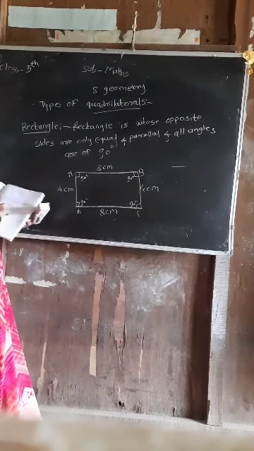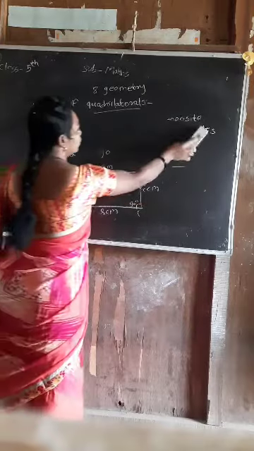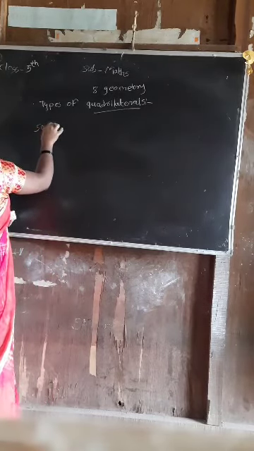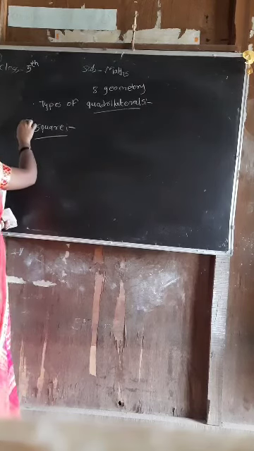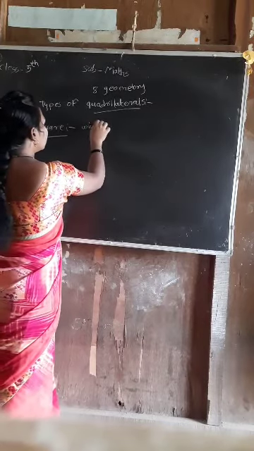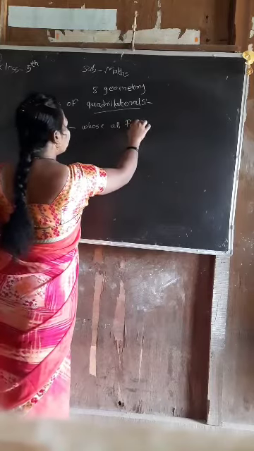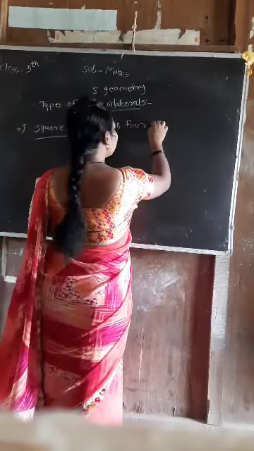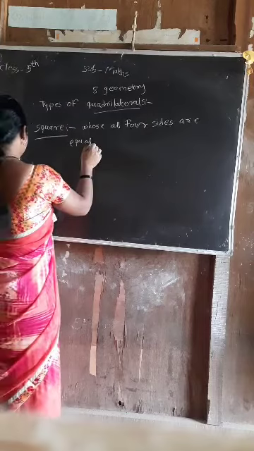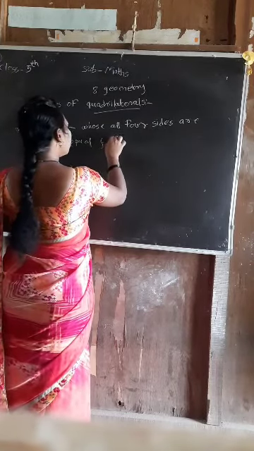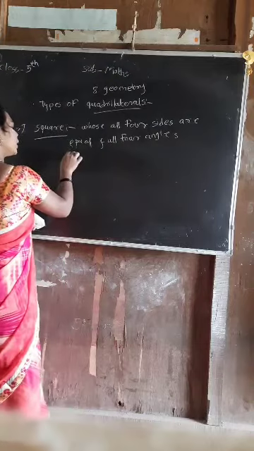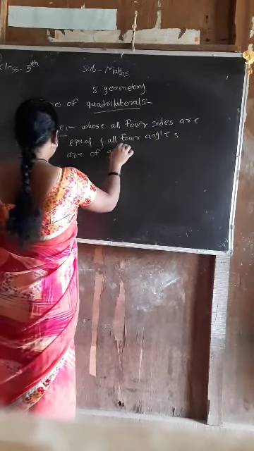Our second type is square. Square is a type of quadrilateral whose all four sides are equal and all four angles are of 90 degrees.